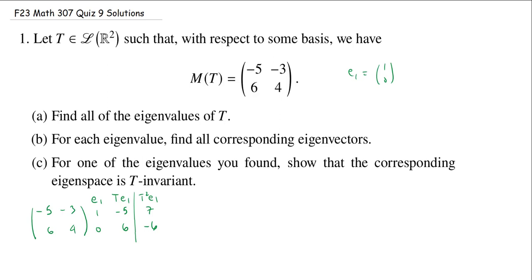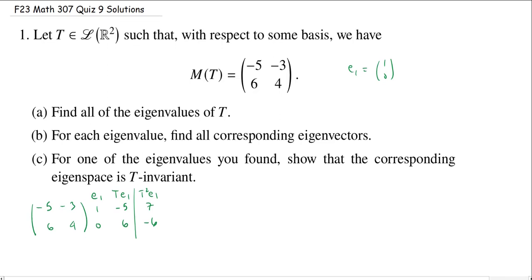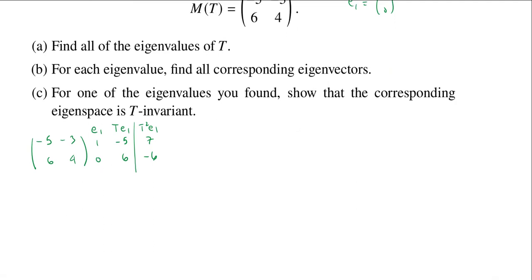Now I note that I have this linearly dependent list, and I'm going to try to write T squared E1 as a linear combination of E1 and TE1. If I want to get one copy of T squared E1, I need to get -6 in the second component.